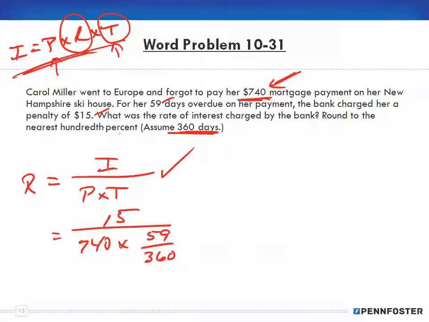Just like this penalty, when you say penalty, is that interest? Well, yes and no. In this case, it's not saying the bank charged her interest of $15; it's saying the bank charged the penalty. But when you think about it, it's money owed. She borrowed.